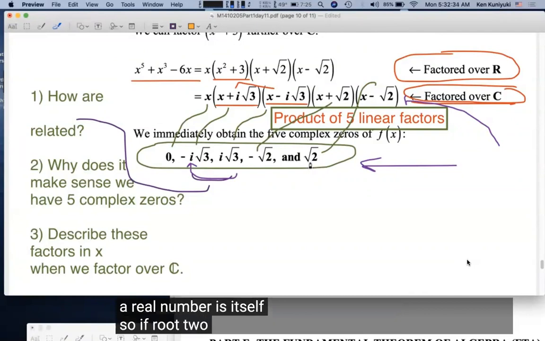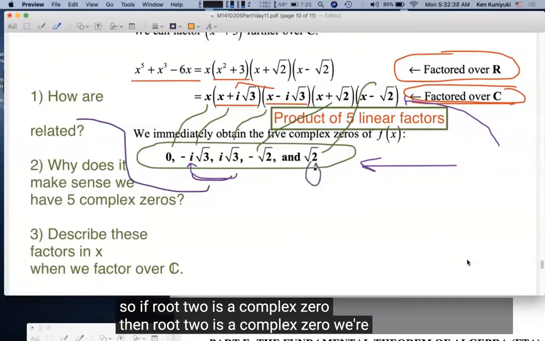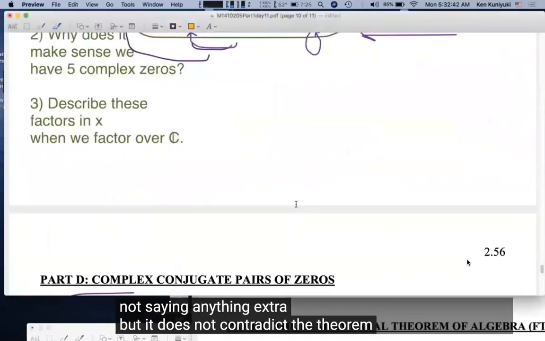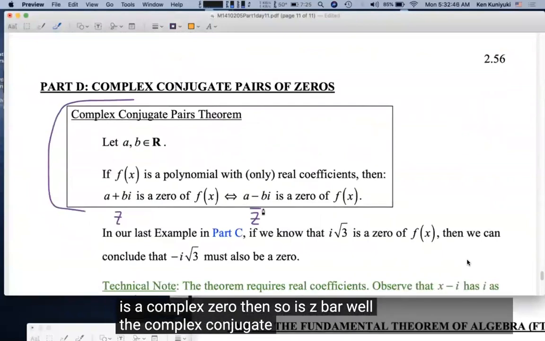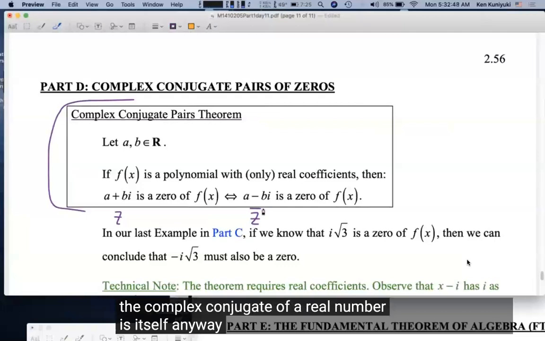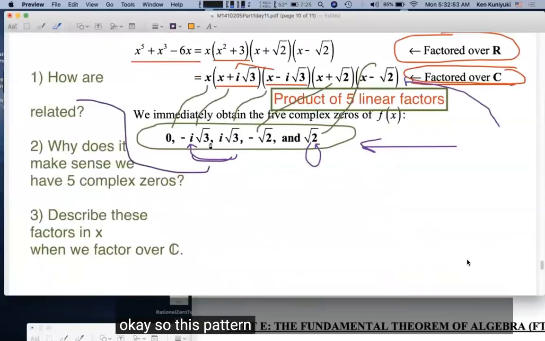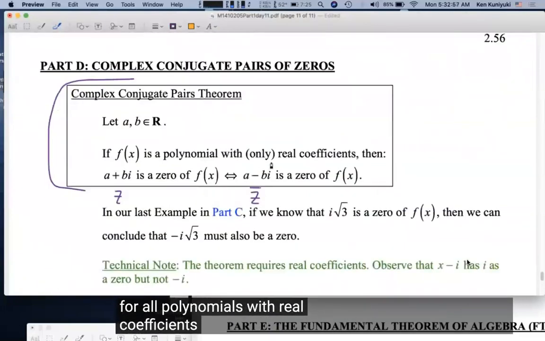So if root 2 is a complex zero, then root 2 is a complex zero. We're not saying anything extra, but it does not contradict the theorem. If z is a complex zero, then so is z bar. Well, the complex conjugate of a real number is itself anyway. Okay, so this pattern is true in general for all polynomials with real coefficients.